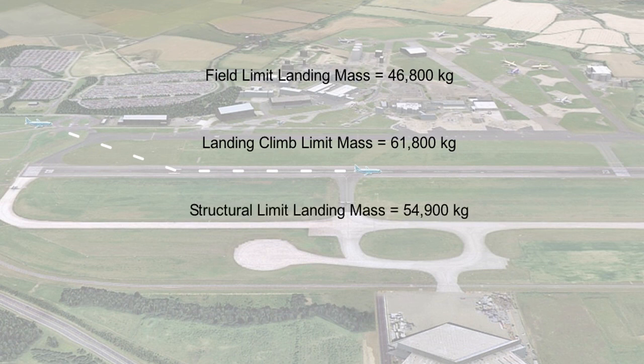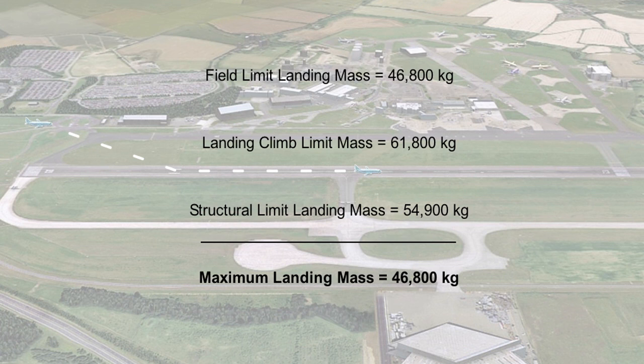The structural limit landing mass of the 737-400 series is 54,900 kilograms. Exceeding this mass may structurally damage the aeroplane during the landing procedure. Therefore, the maximum landing mass for our example must be the lowest of the listed masses, and in this case, it is 46,800 kilograms.